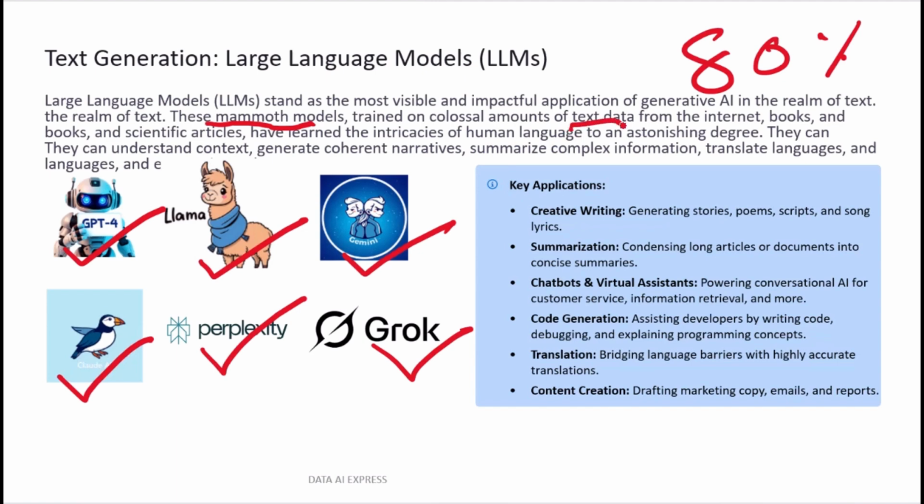Virtual assistants and chatbots. This is the game changer for customer service. Chatbots are everywhere now, handling complex queries and guiding users through processes, making them indispensable in BPO centers. Code generation. This is a must-know for our developer community.